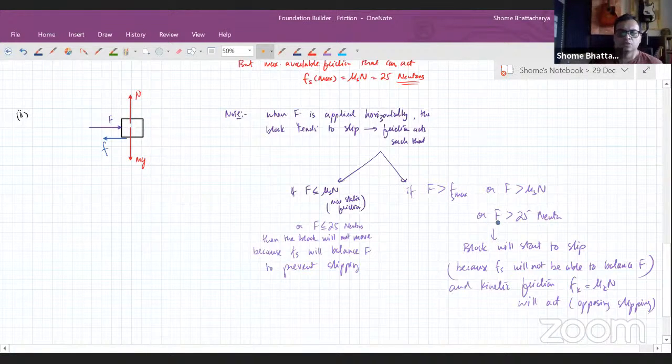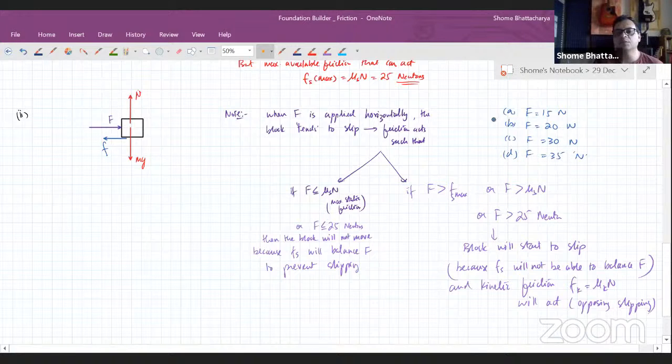Make a note of this section and now try out the different parts. F was either 15 newtons, or 20 newtons, or in part C it was 30 newtons, or in part D it was 35 newtons.